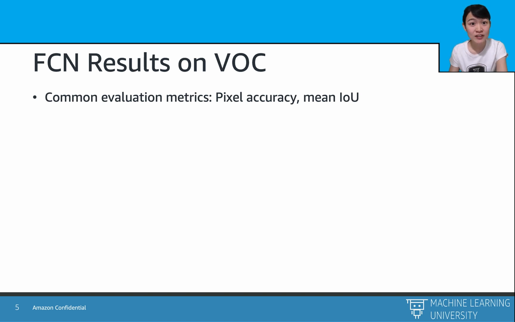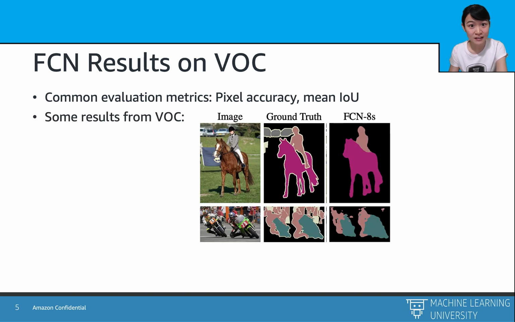The common evaluation metrics we use are the pixel-level accuracy and the mean IOU, which is the mean intersection over union. With these metrics, the FCN8s model performed the best, and we can train the FCN with different convolution networks such as FCN AlexNet and FCN VGG16, etc. And here are some results of the FCN, where the left ones are the original images, the middle ones are the ground truth labels, and the right ones are the FCN8s predictions.